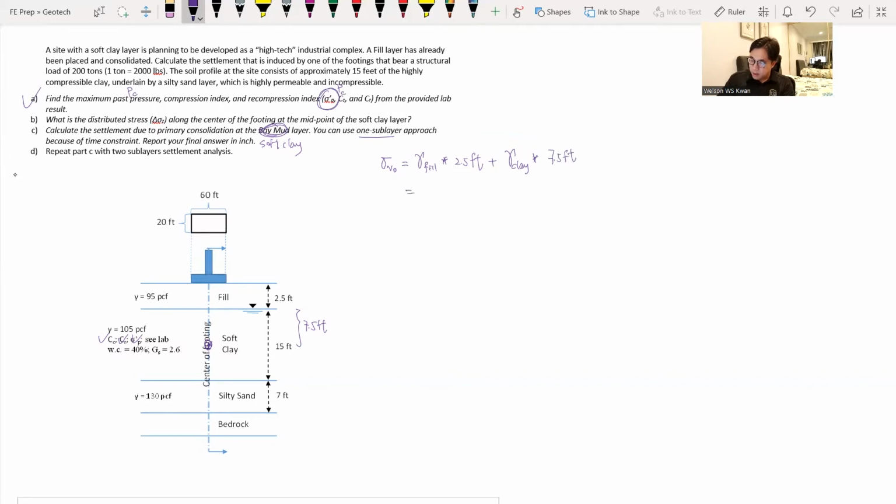And we plug in the numbers, we will get the answer at 1013 pounds per square foot. So this gamma fill will be equal to 95 PCF, and the gamma clay will be equal to 105.